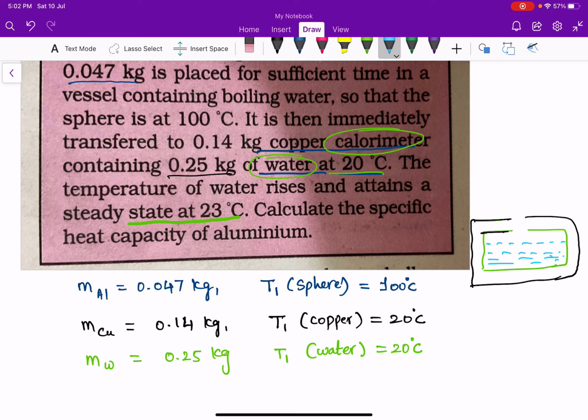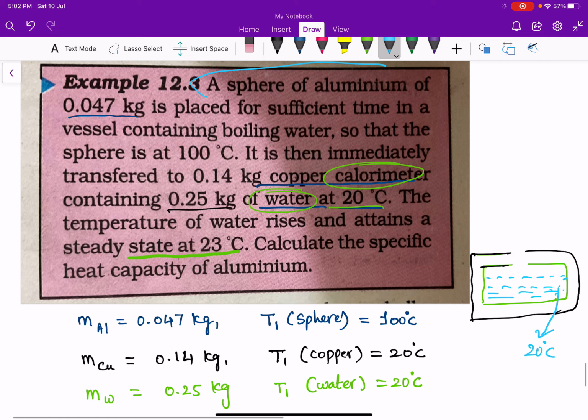As water and copper are both at the same temperature, initially they are at 20 degrees Celsius. Now initially the aluminum sphere of mass 0.047 kg is placed for sufficient time in a vessel containing boiling water. Initially the aluminum sphere is in boiling water.